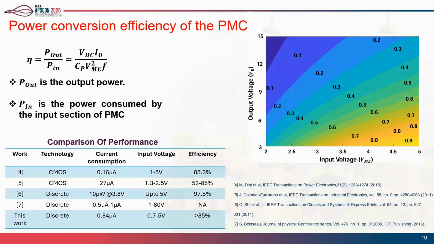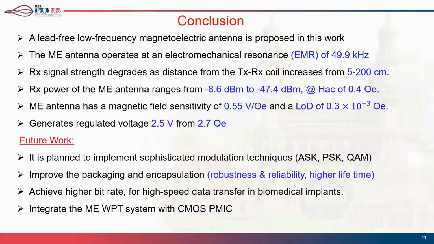It is within agreement with the results reported by other researchers. Those are based on different systems, and some also reported battery-based systems. This is a discrete system, but still it is able to give us an efficiency of greater than 85% overall. So this is the conclusion of our work.